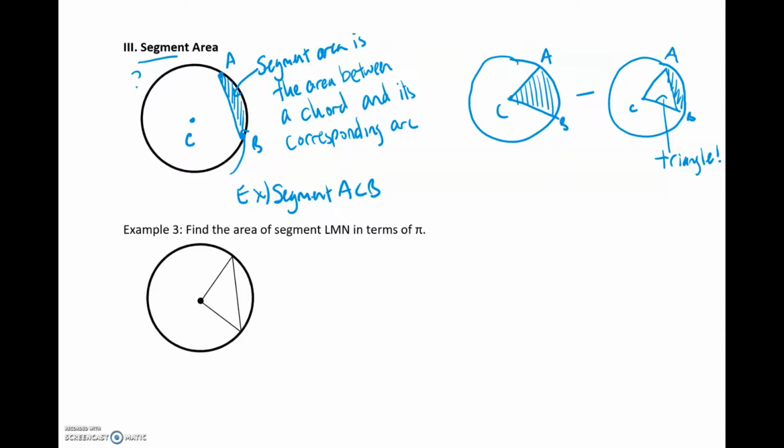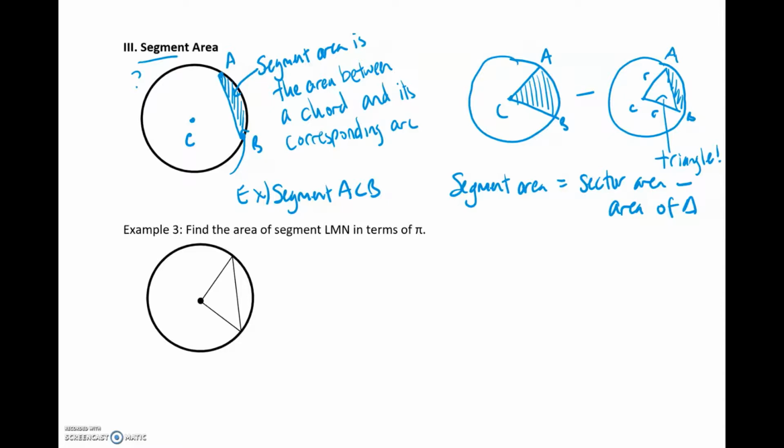We're going to find sector area and take away the area of the triangle, using these radii to help us get the area of that triangle. So again, segment area equals sector area minus area of the corresponding triangle, which remember we want to use that radius to help us out with.